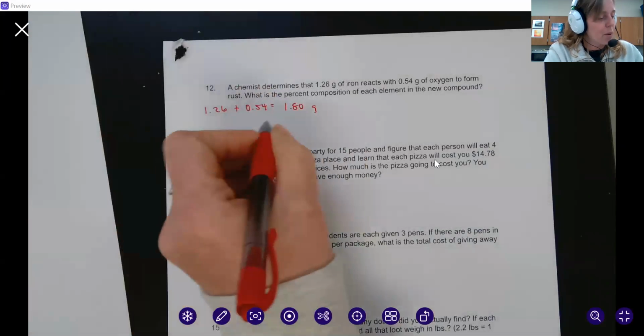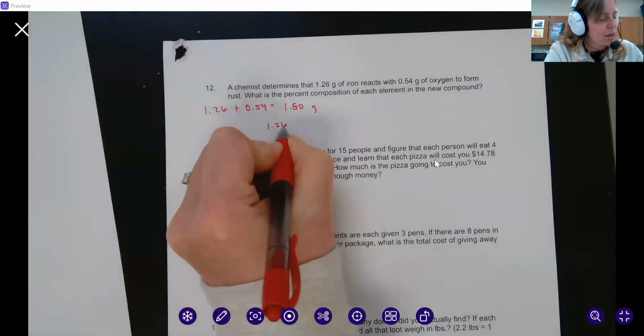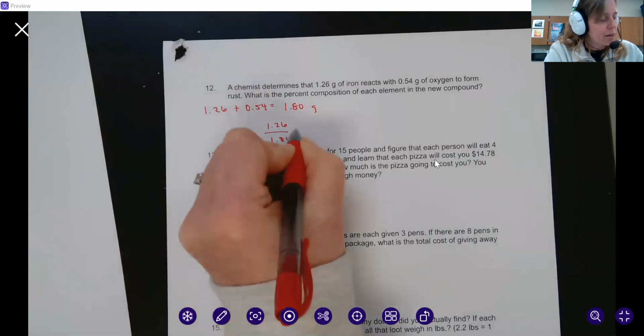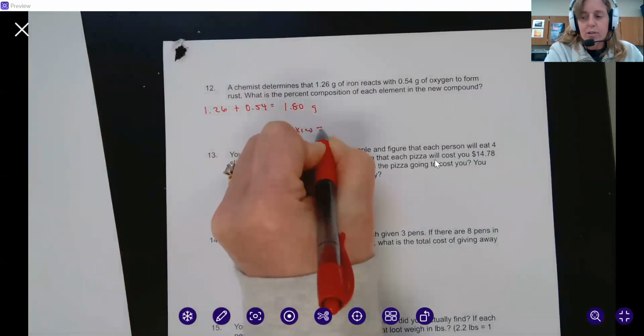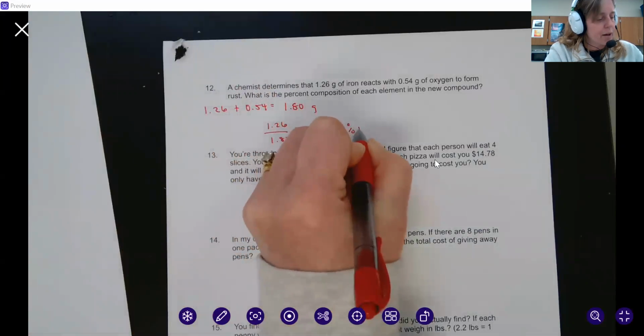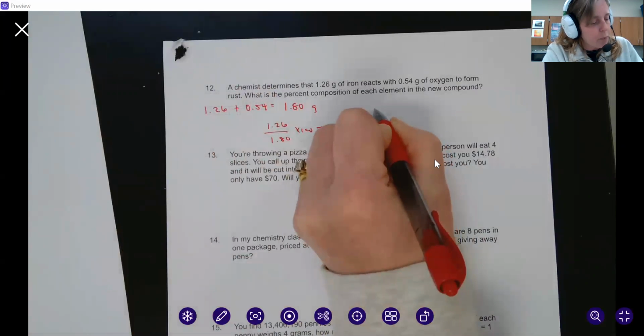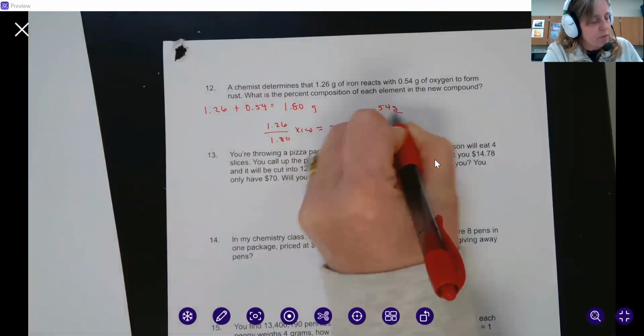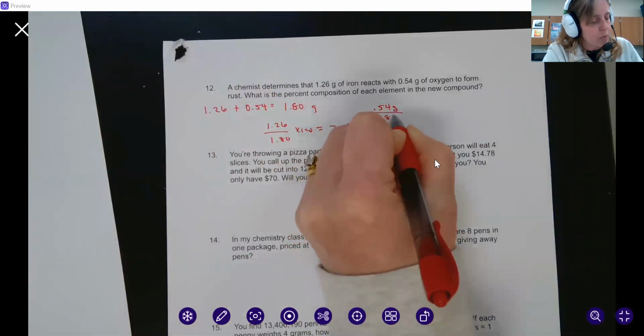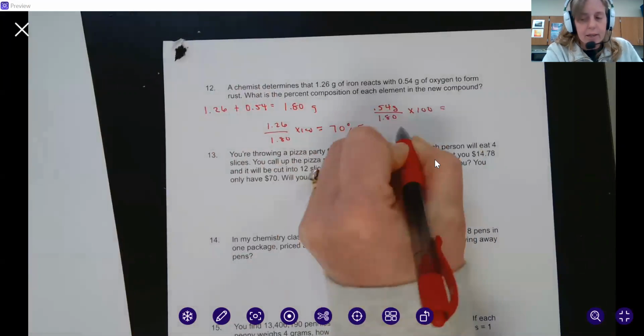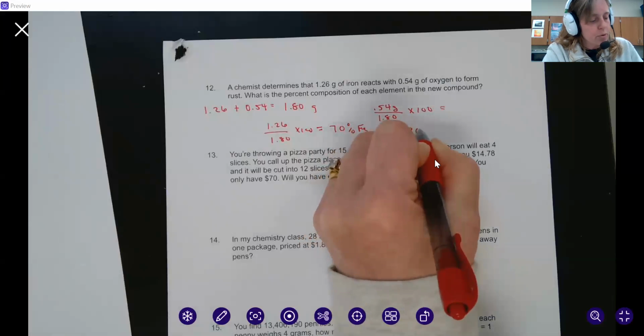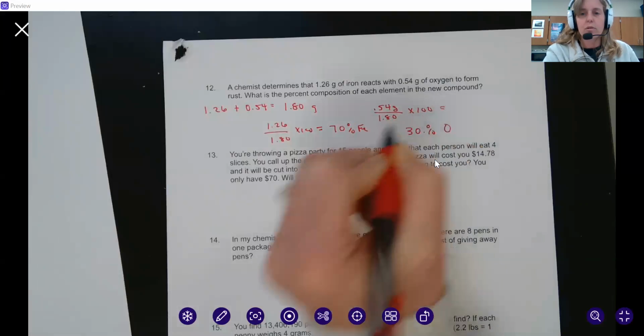So now for my iron, I'm going to take 1.26 divided by 1.8 times by 100, and that's going to give me 70% of iron. And then I'm going to take my 0.54 grams of oxygen divided by the 1.80 times by 100, and that's going to give me 30% of oxygen.